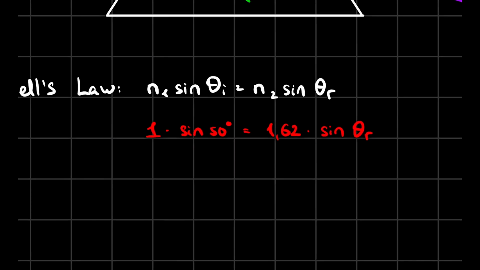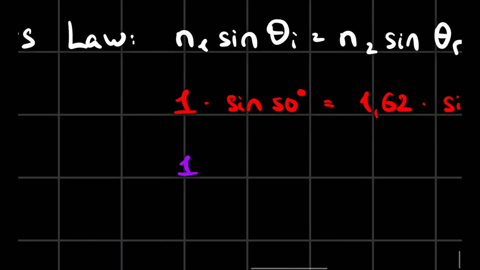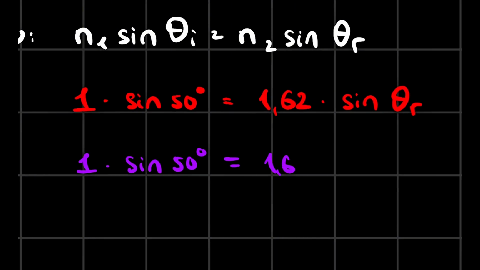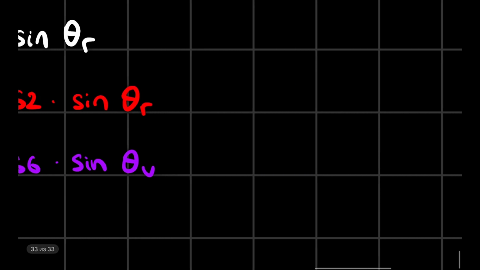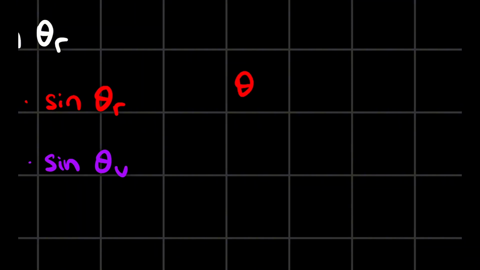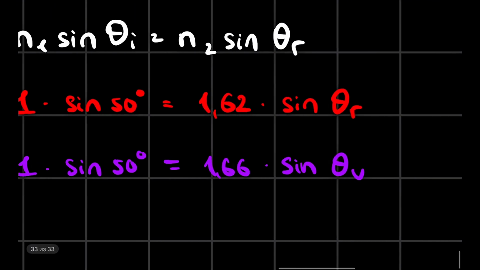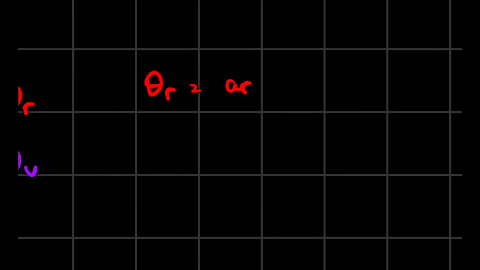For the violet, it would be almost the same situation: 1 multiplied by sine 50 degrees equals 1.66 multiplied by sine theta violet. Right now we can find our theta r, and for the red, 1.62 goes there, and this would be arc sine of sine 50 divided by 1.62.